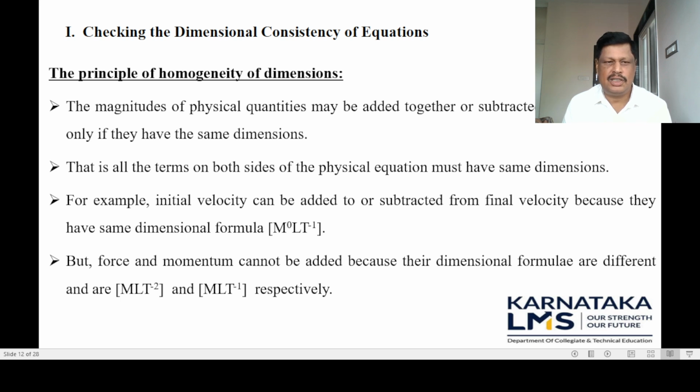The first use is checking the dimensional consistency of an equation. To check the dimensional consistency of an equation, we have to know the principle of homogeneity of dimensions. What is the statement of the principle of homogeneity of dimensions? We know that the magnitudes of physical quantities may be added together or subtracted from one another only if they have the same dimensions.